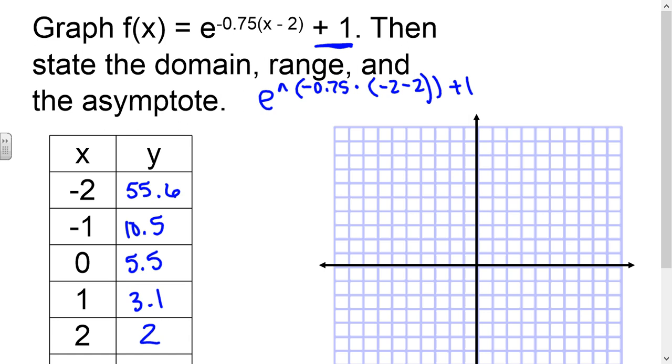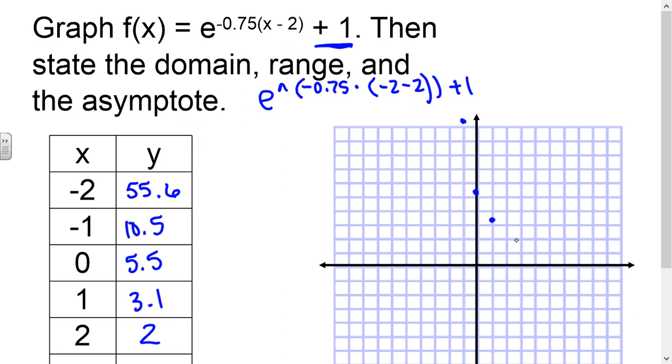Now, if we were to graph these, I can't graph negative 2, 55.6 because it would be way up high off my graph. Negative 1, 10.5 would be just above our little line right here. Then I have 0, 5.5. And then 1, 3.1.